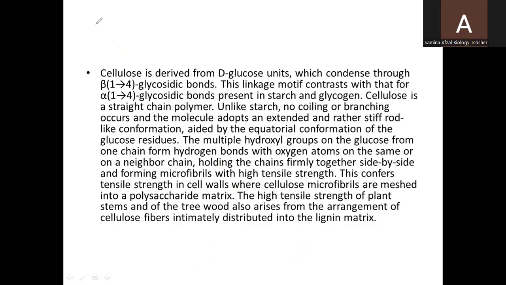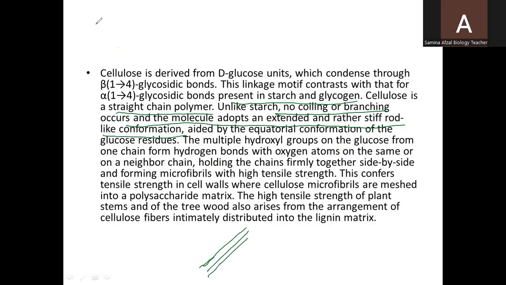So cellulose is derived from D-glucose, which condenses through 1,4-glycosidic linkage. Already explained all this. So cellulose is a straight chain polymer. No coiling or branching occurs, and the molecule adopts an extended and rather stiff rod-like conformation. So stiffness is there in this structure. The straight chains of cellulose can pack tightly together in parallel bundles.